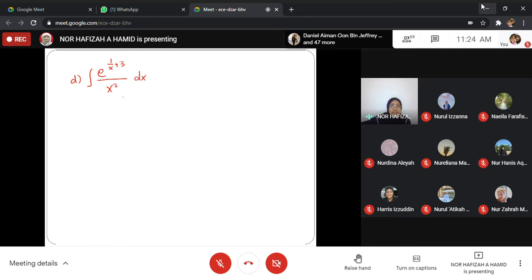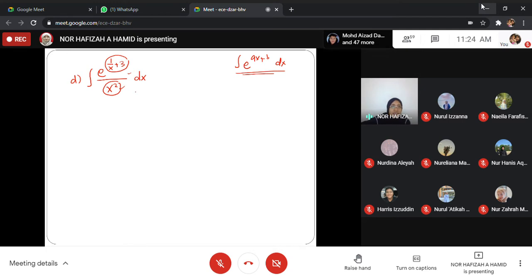Okay, so kat sini you tak boleh solve pakai formula sebab you ada power dia first, is not a linear. Lagi satu sebab you have term x square kat bawah ni. Okay, untuk formula dia mesti single term, dia mesti e, lepas tu you ada ax plus b. Okay, so dia mesti include function exponent je, baru you boleh solve using formula. Tapi kat sini ada include function algebraic dengan function exponent.